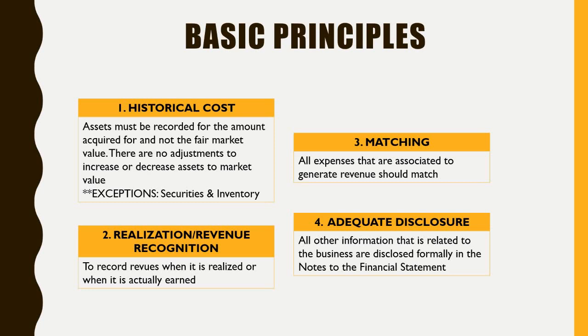Okay? The only exception to this rule is going to be inventory and any bank securities, because obviously if you're going to purchase a bank security, at the end of the day, you're going to redeem it at a higher value.